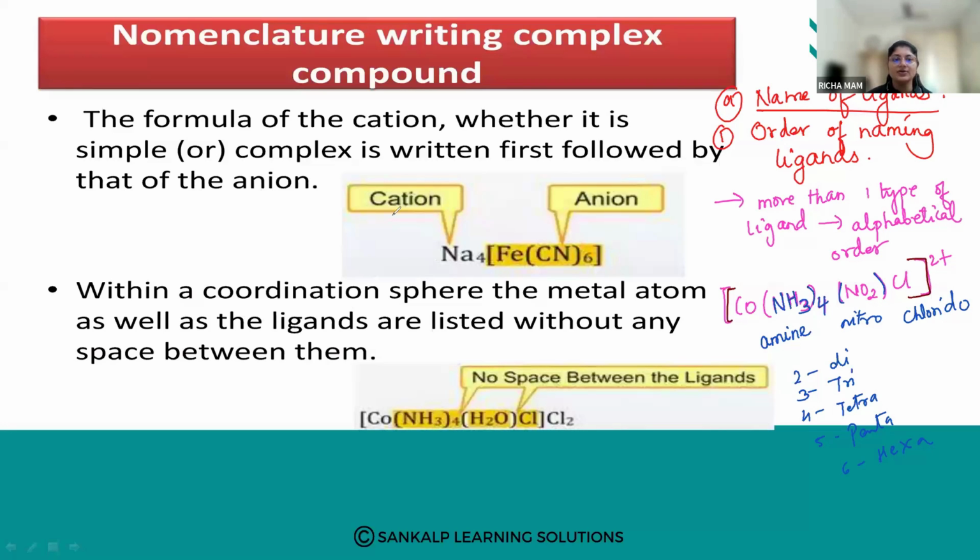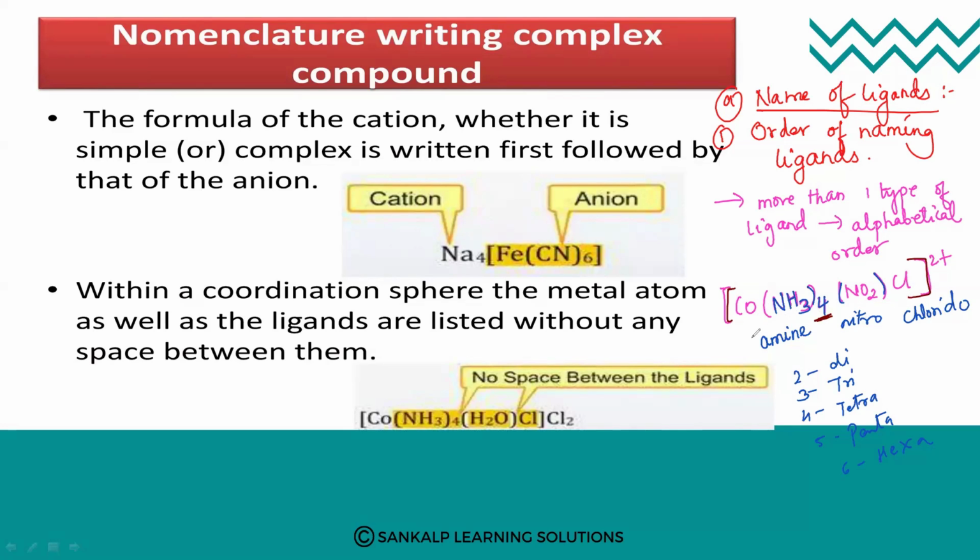Whenever we are naming the compounds, first we have to name the ligands, and when you have more than one type of ligand, we use the alphabetical order. So here it is tetraammine, chlorido, nitro, cobalt.